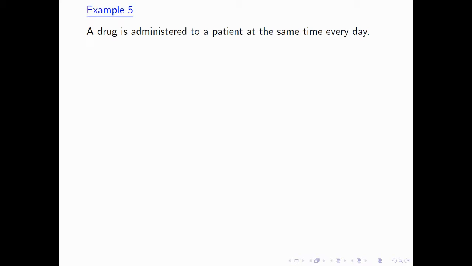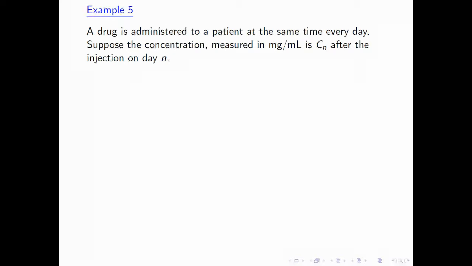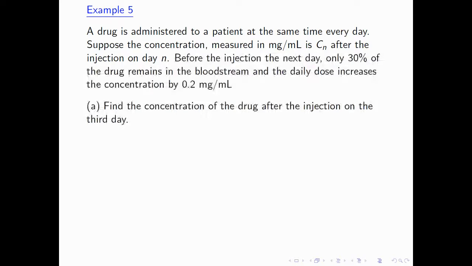Okay, so example 5 was quite a lengthy one, which was sort of a practical kind of one. A drug is administered to a patient at the same time every day. Suppose the concentration measured in milligrams per milliliter is Cn after the injection on day N. Before the injection the next day, only 30% of the drug remains in the bloodstream, and the daily dose increases the concentration by 0.2 milligrams per milliliter.